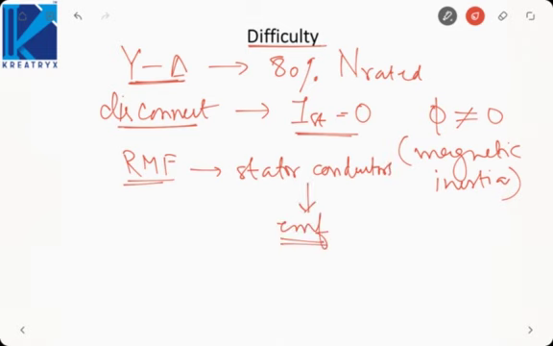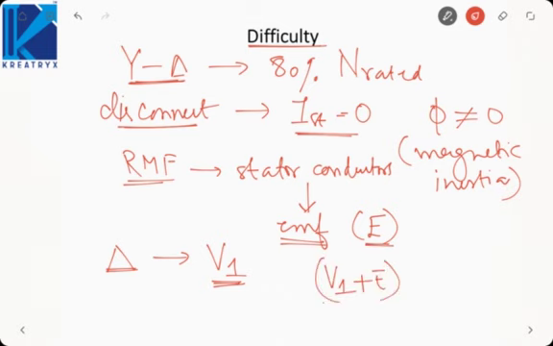Okay. Now what happens when we connect the winding in delta? We will apply the supply voltage, that is V1, but here there is some EMF E. Suppose this V1, that is the applied voltage, and E, that is the induced EMF after disconnecting the winding, both are in phase. Total voltage becomes V1 plus E. That is a very high voltage which can cause current to be high in the stator winding, that is 10 to 15 times full load current, and it can damage the stator winding.